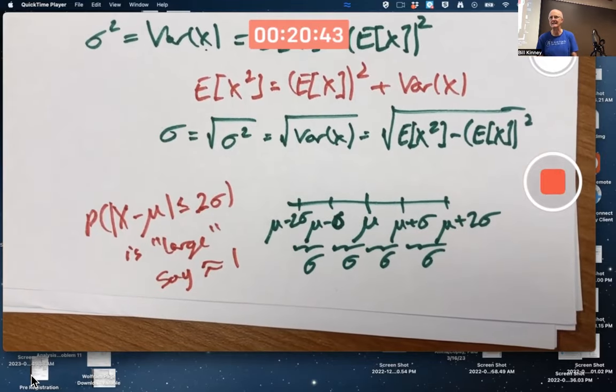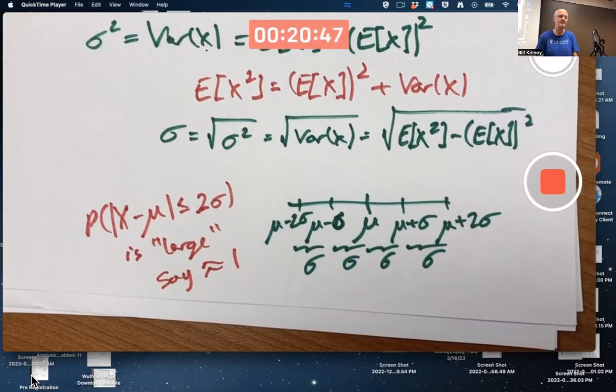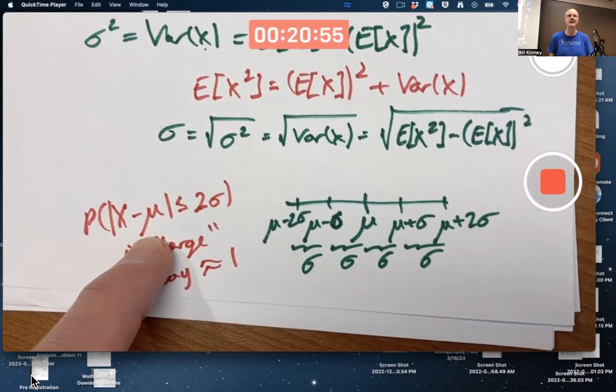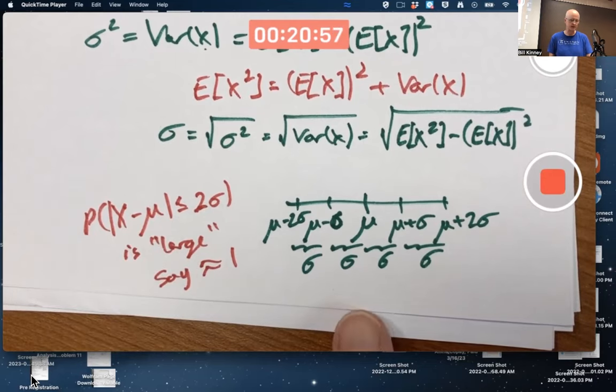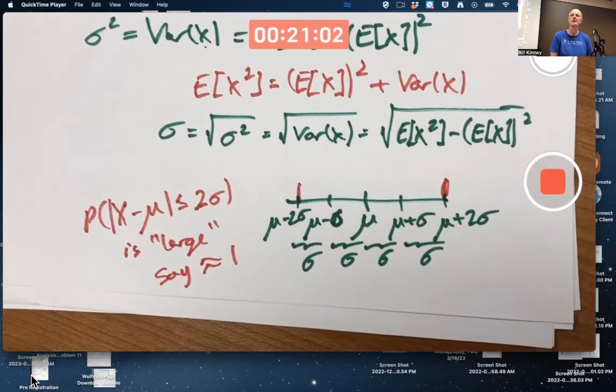Of course, it's got to be less than 1. Could be equal to 1, but it's not going to be bigger than 1. Absolute value of a difference is the distance between them. So you're saying, what's the probability that your random variable has a distance to the mean of less than or equal to 2 standard deviations, to be in this interval somewhere? It's going to be close to 1, pretty much no matter what your random variable is.